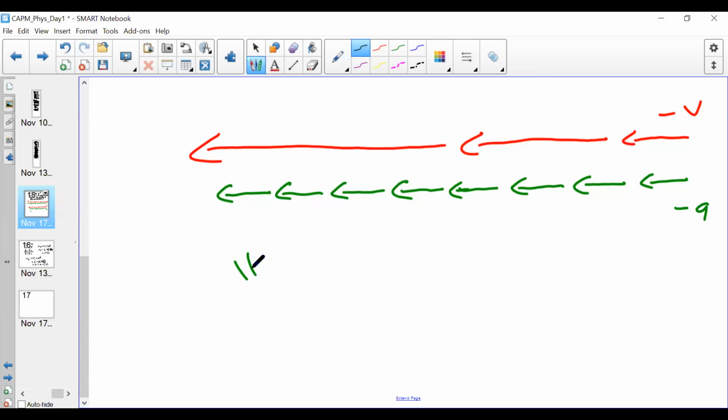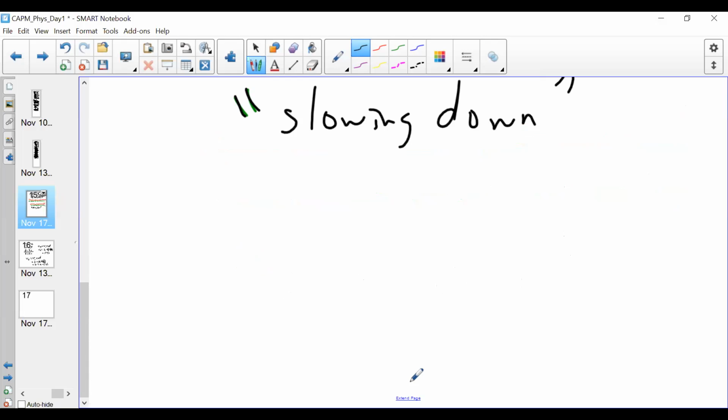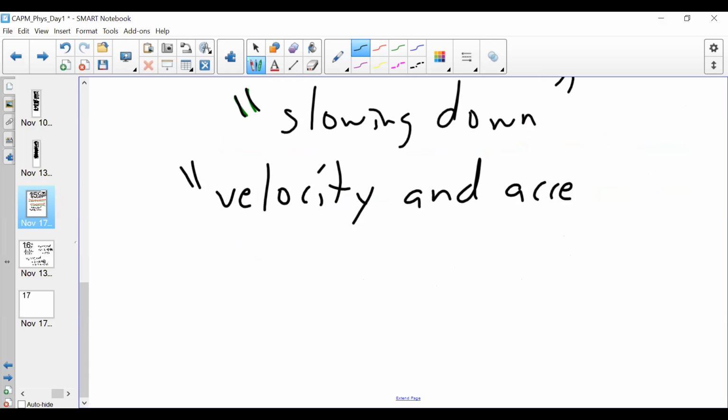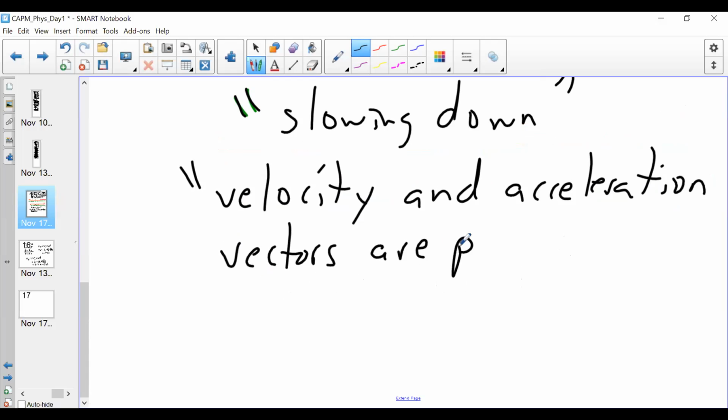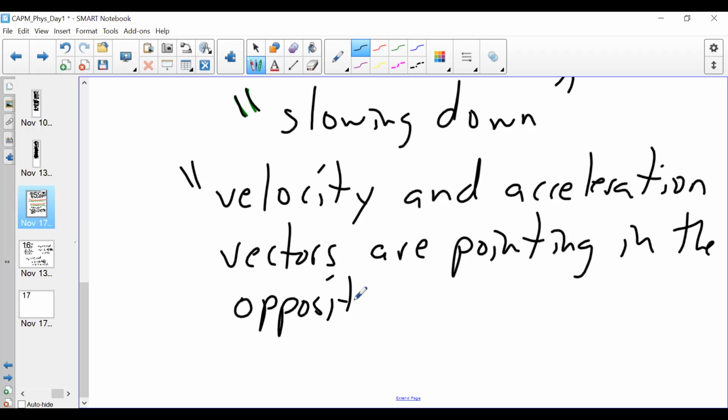So when an object is slowing down, the velocity and acceleration vectors are pointing in the opposite direction.